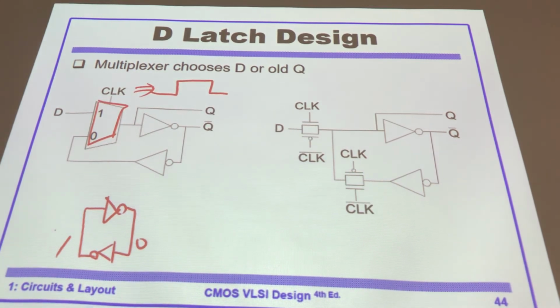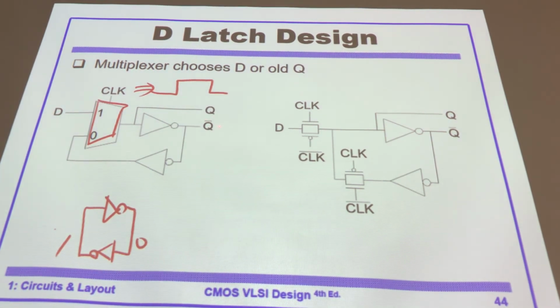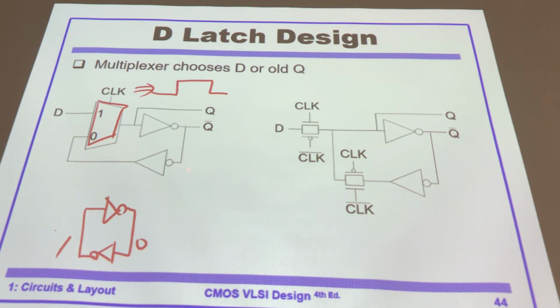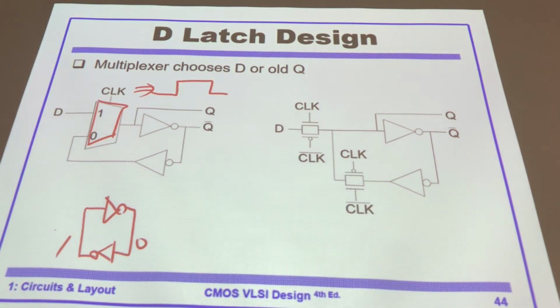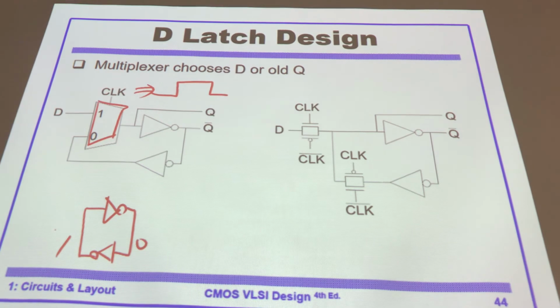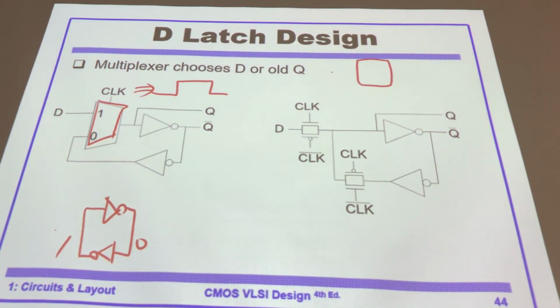Sorry. Yes. The function of the Q. Q what? I thought what the function of the Q. Q is what? What's the question? For what? Yeah. This D latch is a circuit, a component.